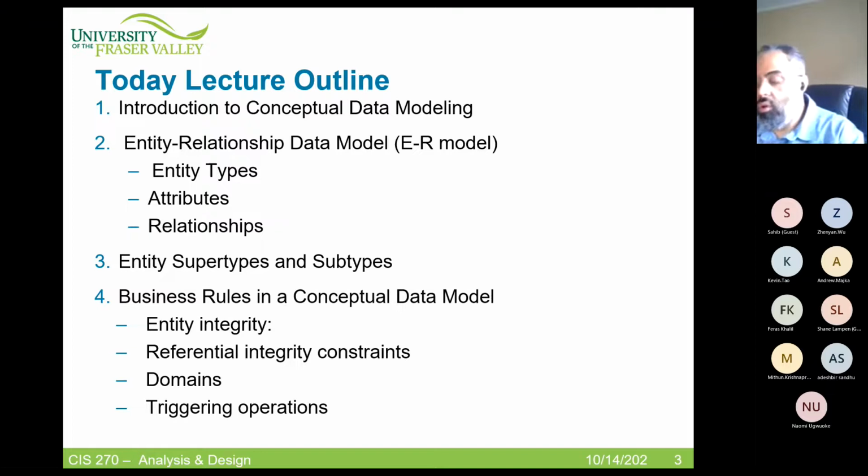Here, we will go to something we name conceptual data modeling. I don't know if you have already taken a database course or not yet. So maybe you will be somehow familiar with what we are going to talk about now concerning conceptual data modeling, which means that at this level, I will not talk about how to implement the database management system.